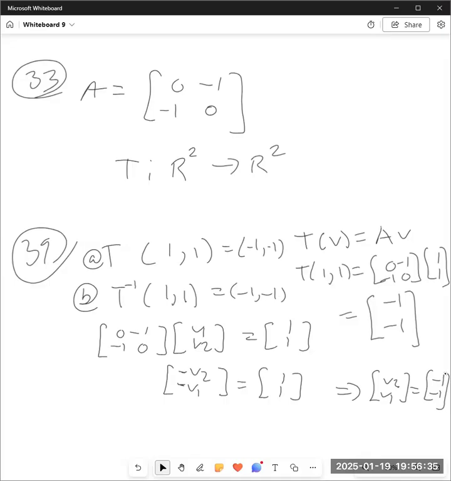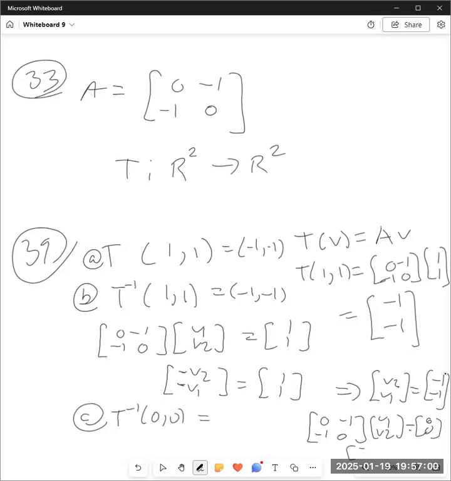And then part C asks us to find the pre-image of 0, 0. So T inverse 0, 0 is going to be, we have 0, -1, -1, 0 times v1, v2 equals 0, 0.